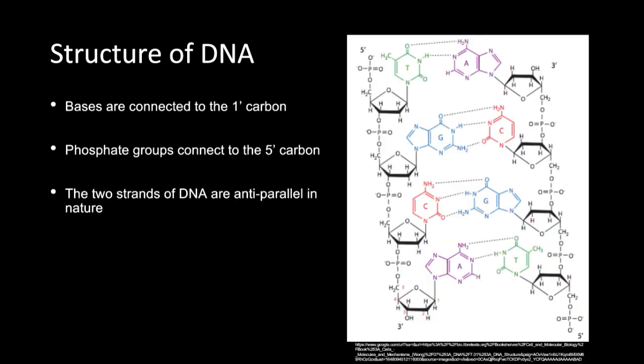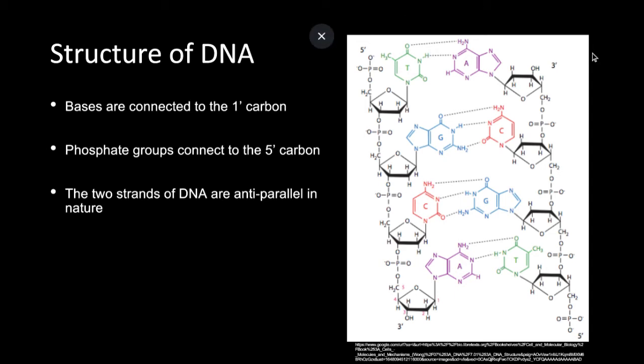In the structure of DNA, bases are connected to the first carbon. Phosphate groups connect to the 5 prime carbon. Here's the 5 prime carbon, and here's the 3 prime carbon. So it's complementary, and the two strands of DNA are antiparallel in nature. So if one runs 5 prime to 3 prime, the opposite would be 3 prime to 5 prime, and they match.